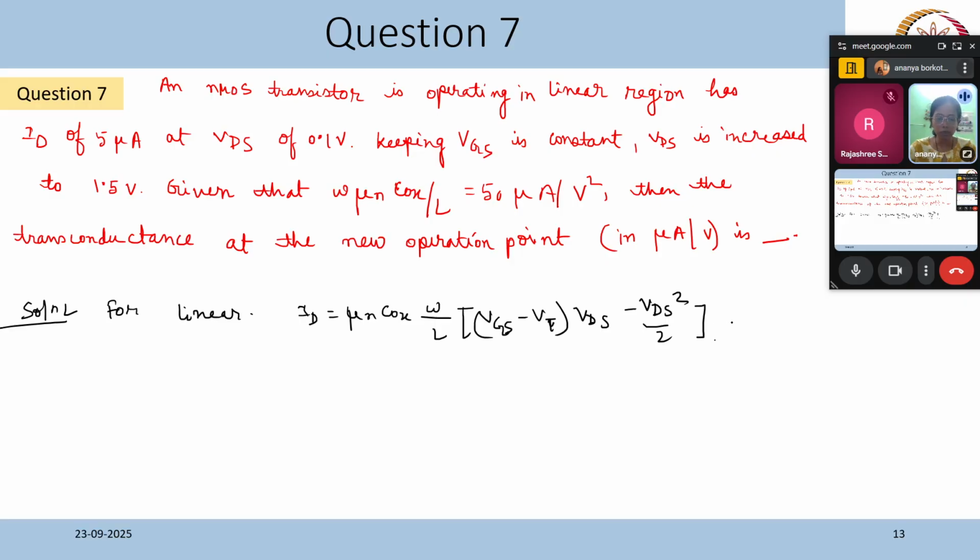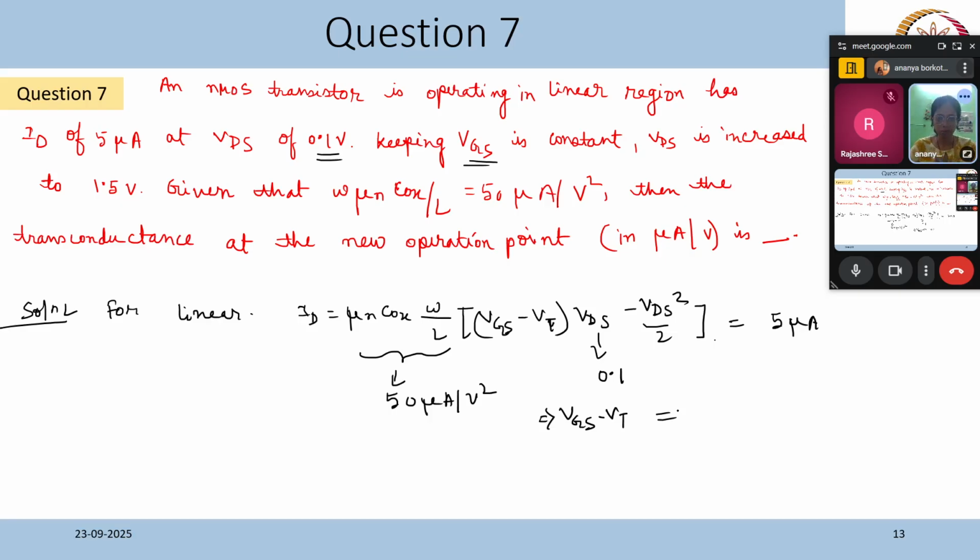This is given to us as 5 microampere, and this portion is given as 50 microampere per volt square. VDS is given as 0.1 initially. So we will calculate VGS minus VT, because for the next part also our VGS is constant, and the threshold voltage is already constant. So what will be this value?